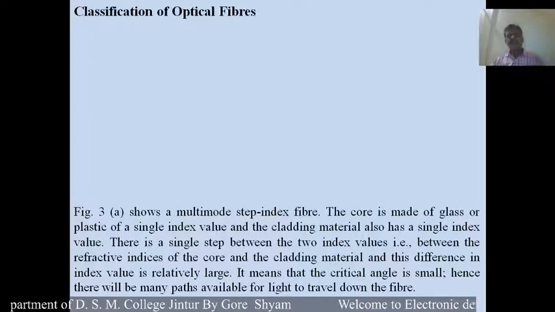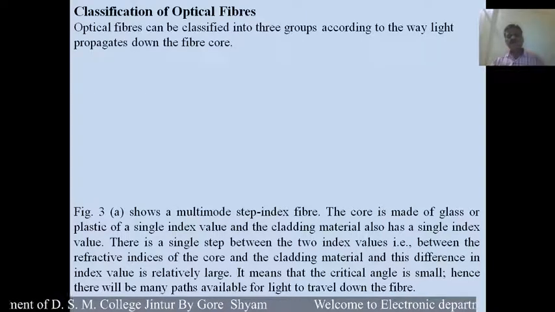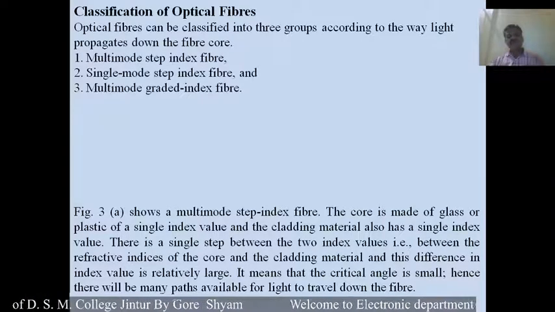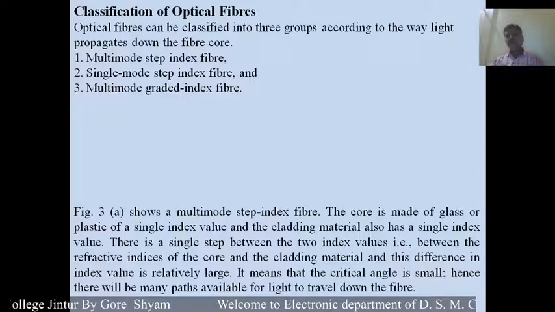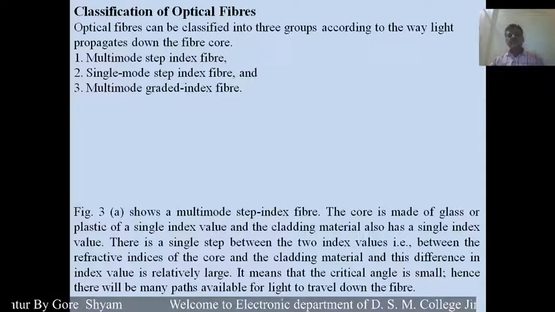Let us see the classification of optical fiber. The optical fiber is classified into three groups according to the way light propagates through the optical fiber, or according to the flow of light.